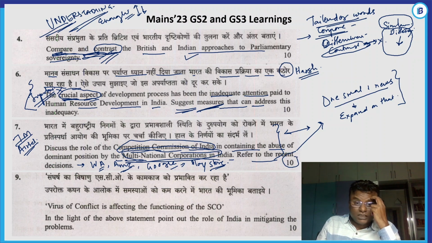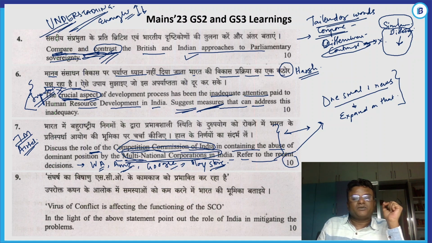How do you really do that? Because you have to explain that role of CCI with reference to the recent decisions. I would suggest that when you're reading current affairs, you have to develop a thought process around remembering certain crucial aspects of what is behind that, without which you won't be able to answer these questions.